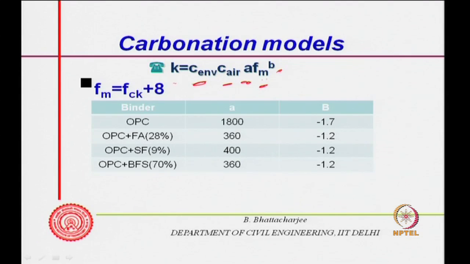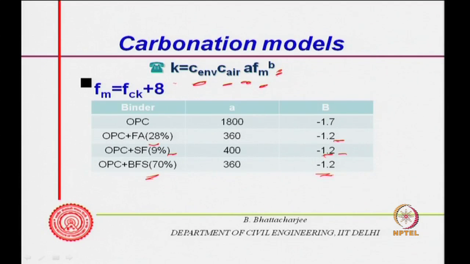So, this minus 1.7 means the higher the strength, K would be lower, compared to, let us say, fly ash, silica fume or blast furnace slag blends. Normally blast furnace slag you can go up to 70%, silica fume people use about 9-10% and fly ash about 20%. So, these are practical blends which one would use, and the empirically suggested values are minus 1.2, etc.